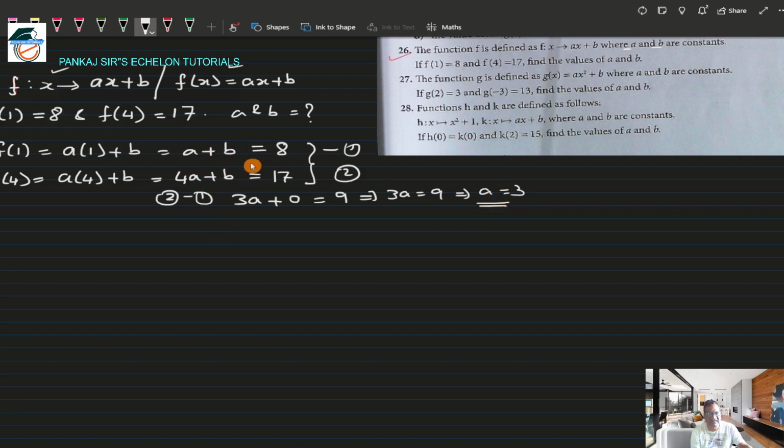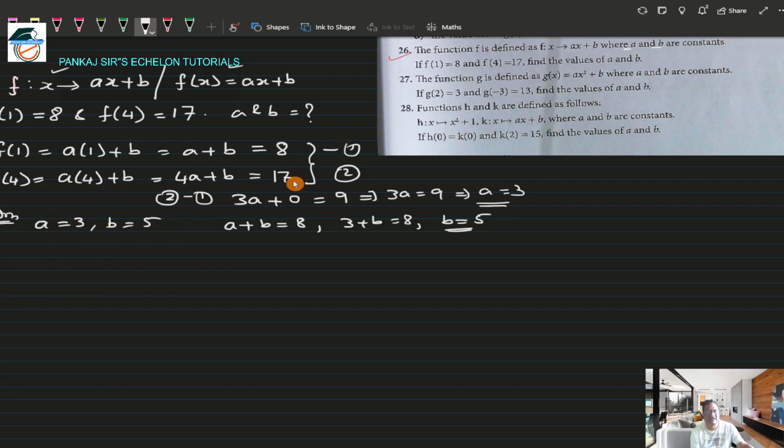In a plus b equal to 8, I take a as 3, so 3 plus b equals 8, which gives b equal to 8 minus 3, that is 5. So the answer for question 26 is a equal to 3 and b equal to 5.